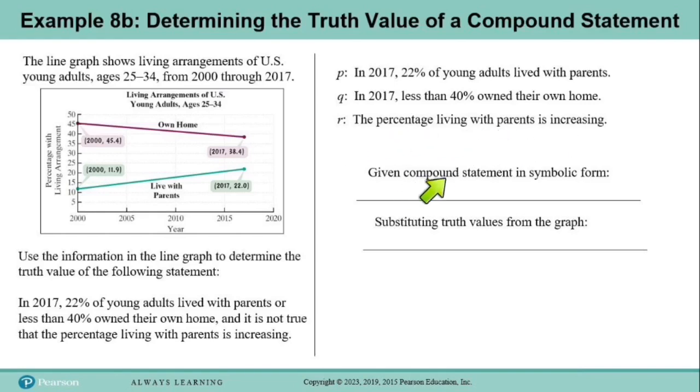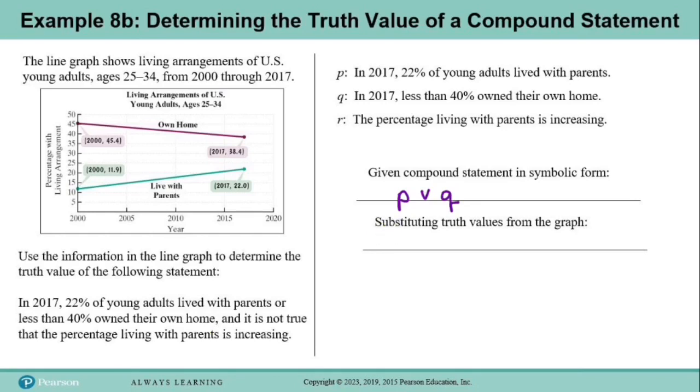Now to get the compound statement in symbolic form, let's go back over here. So it says in 2017, 22% of young adults lived with parents, or in 2017, less than 40% owned their own home. So we need an or symbol. So we'll have P or Q. And then we've got a comma.